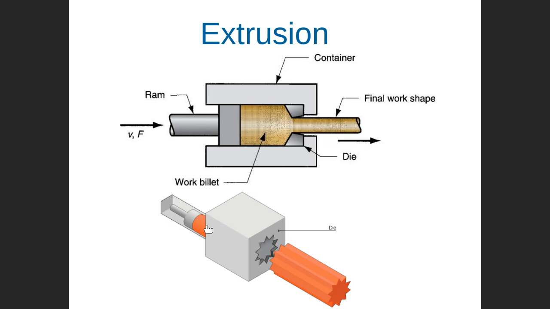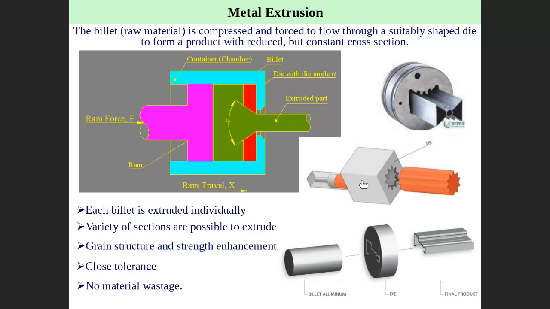We put it here, we apply pressure, and the material will exit exactly as the same shape as the die exit. That's what we call extrusion, mainly pressure. This is the extrusion process.